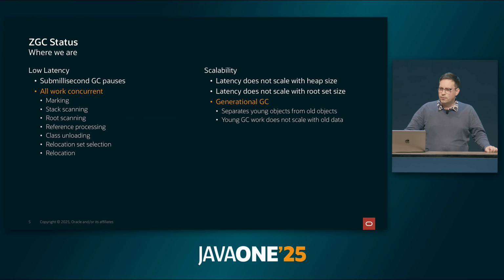One thing we've been working on lately is the generational version of ZGC, and it brings the ability to separate young and old objects, and this allows the GC to reclaim garbage among the young objects without having to scale with the size of the old generation. So you can have a lot of old objects, and the GC will be very efficient and just ignore them. So in terms of performance, things are looking great.